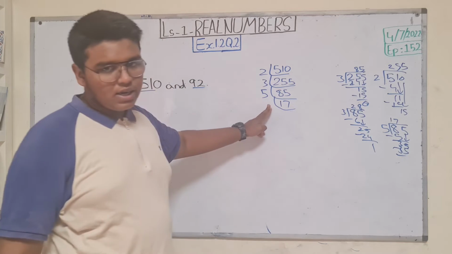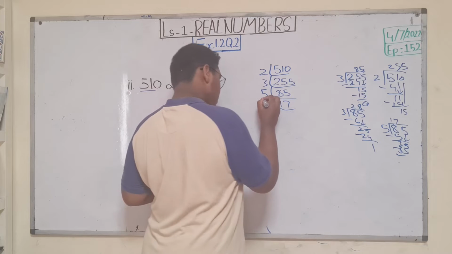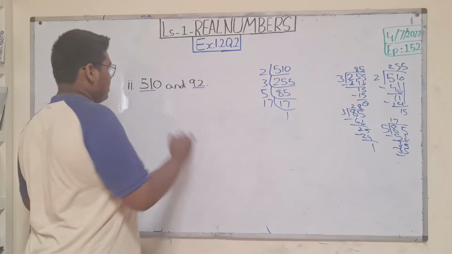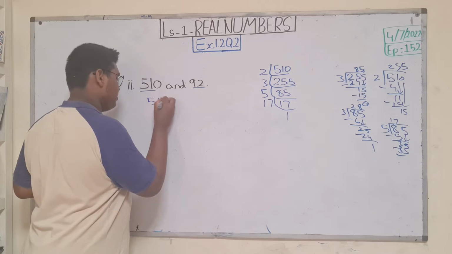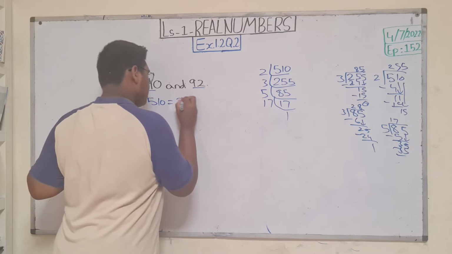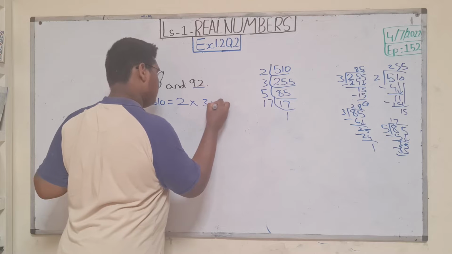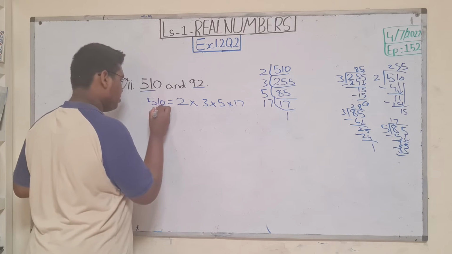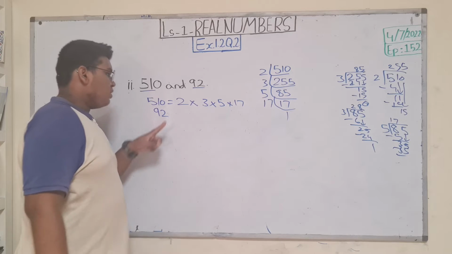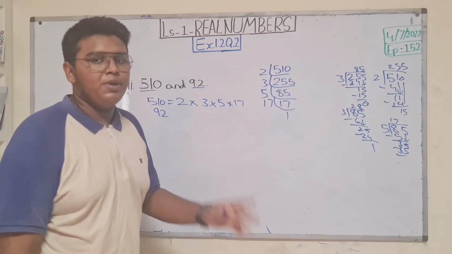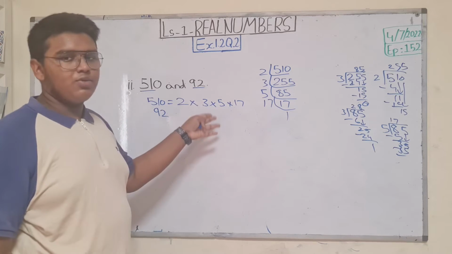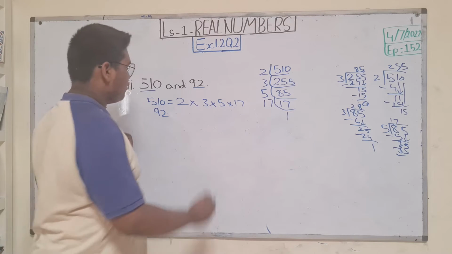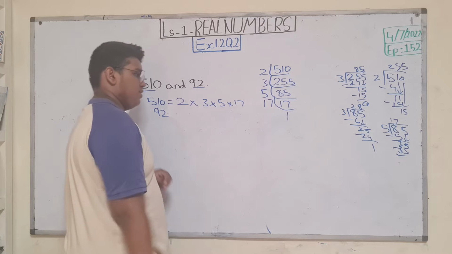So we can directly divide it by 17, and the remainder will be 1. So we can tell that 510 is equal to 2 into 3 into 5 into 17. In this factorization nothing is repeating, like 2 into 2 or 3 into 3 or 5 into 5. All are different numbers: 2 into 3 into 5 into 17.